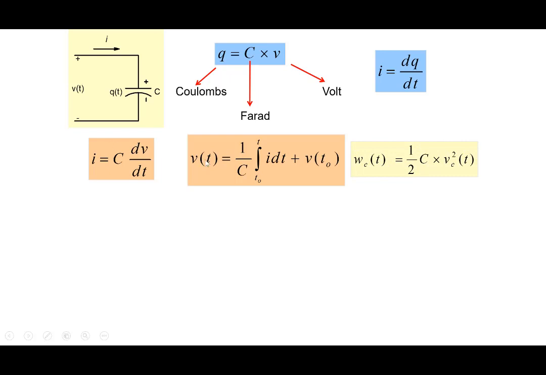All right, the other thing we know is when there's a voltage across a capacitor or there's a charge stored on a capacitor, there's energy stored which is equal to half CV squared. So that's also something that you've all seen before.